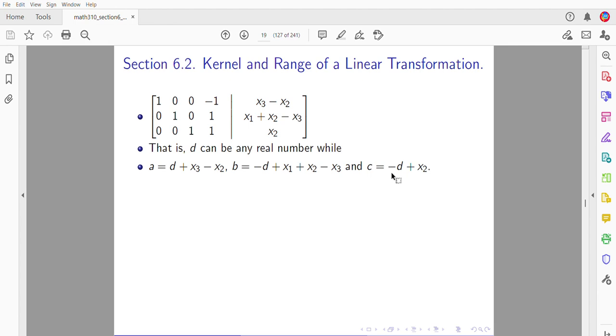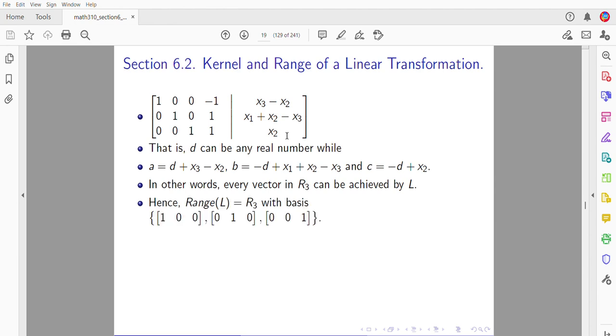No condition on D. Of course not, because there are only three equations. So every vector here can be achieved. I have in fact infinitely many solutions. So the range is all of R3. R3 has this as standard basis. I don't have to look for any more.